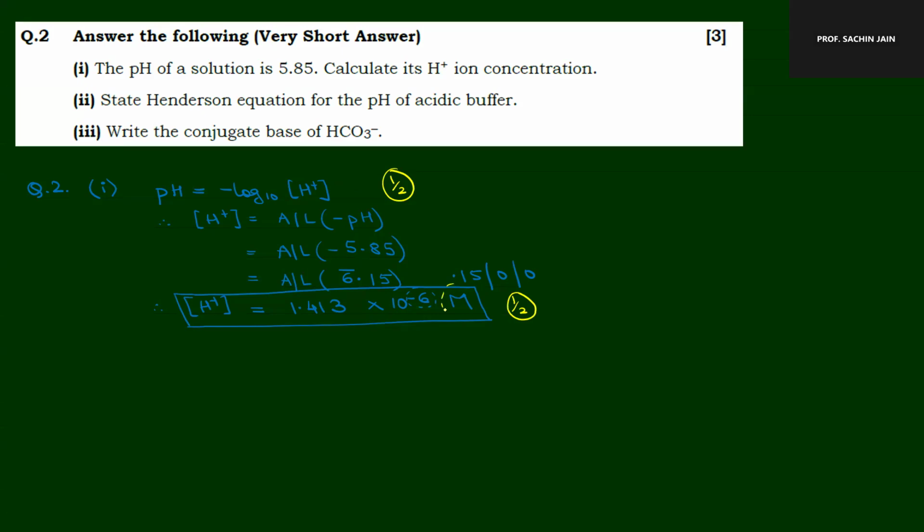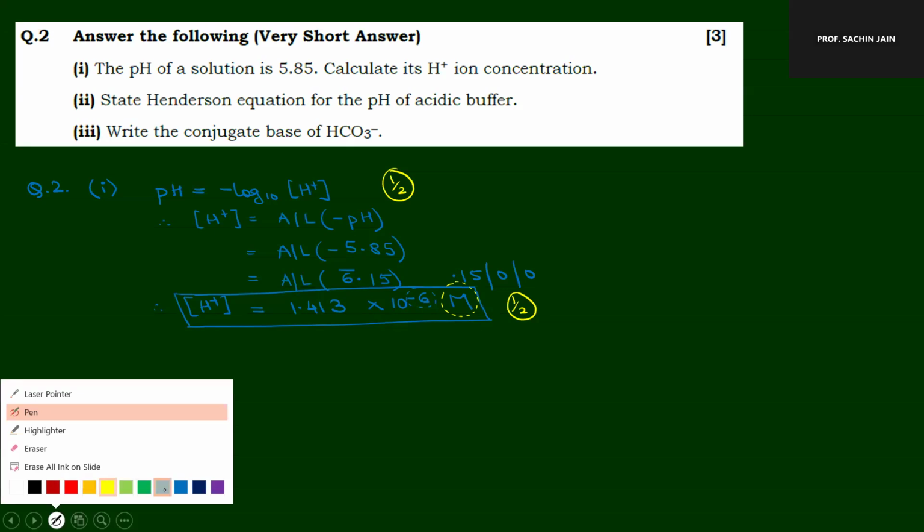If the unit is missing in the end, then that half mark is also deducted. So in HSC you have to do all these fussy things, because if we were solving this in NEET we would have directly got the answer. But the NEET pattern and the HSC way of writing the answer are different. The approach remains the same, the concept remains the same, but the way of writing is different. So HSC is a fussy test, remember, you will have to show all the steps.